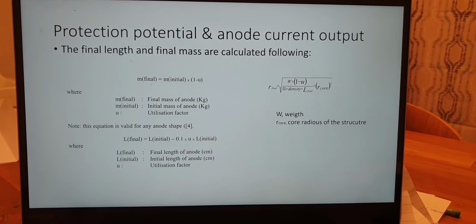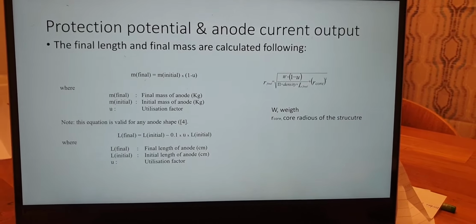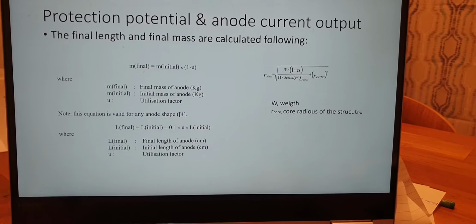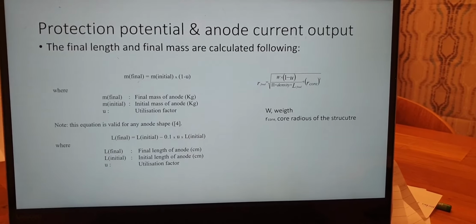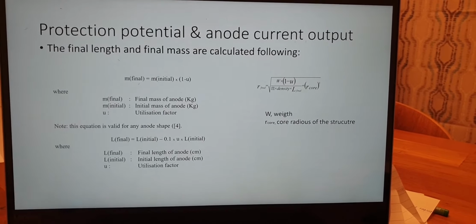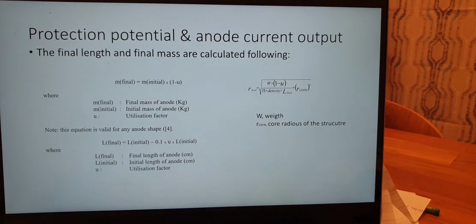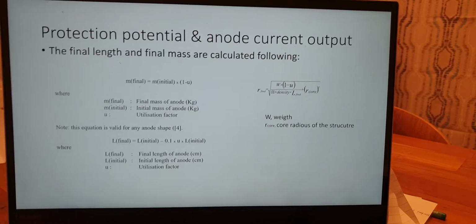Protection potential and anode current output. So the final length and final mass are calculated as follows. Of course, we need to know the final length because the Dwight equation requires the final length and the final radius of the anode to calculate.